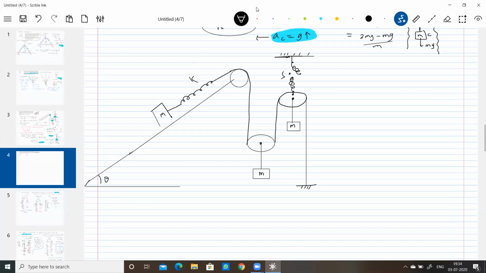So it is shown that the spring is being cut. Okay, now try to analyze the problem. These are the pulleys.